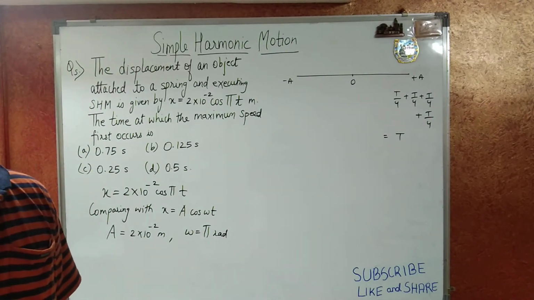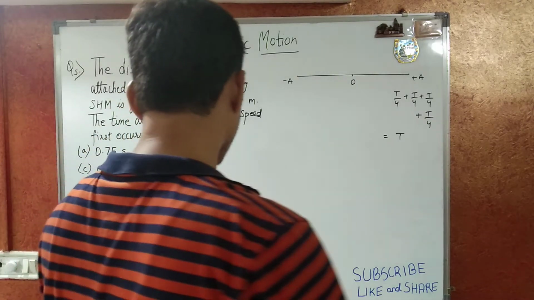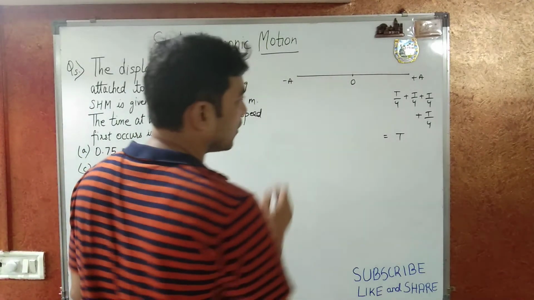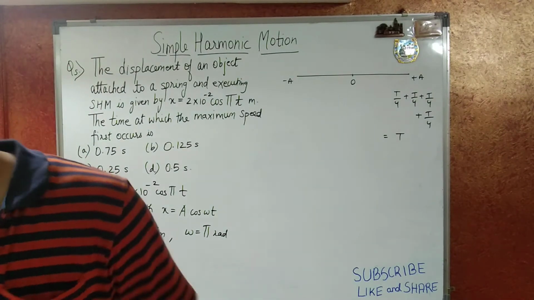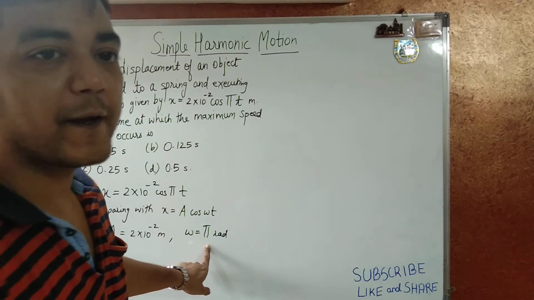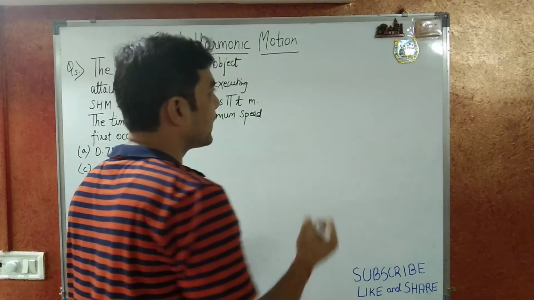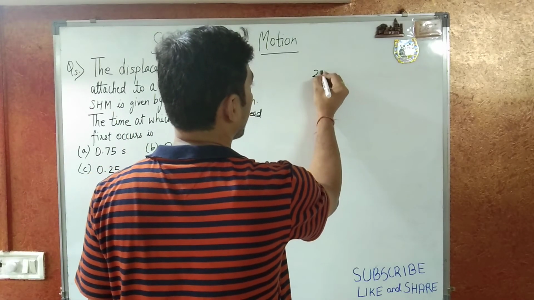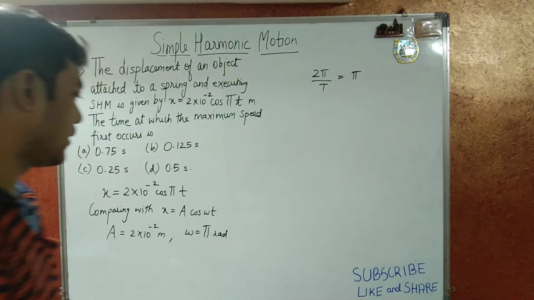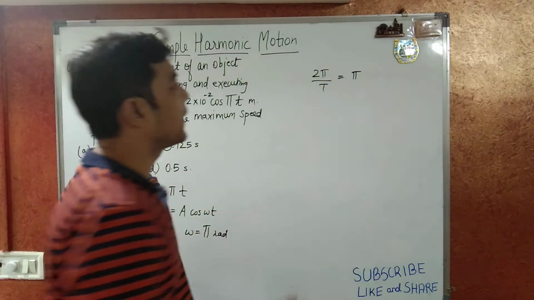But before that I have to find the time period T. Here I know that omega is pi radian, and omega is related to time period by omega equal to 2 pi by T, which is equal to pi radian.